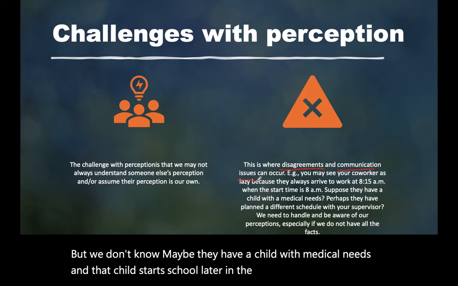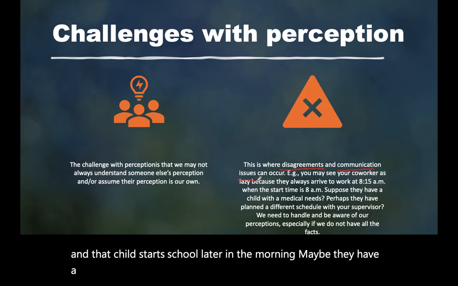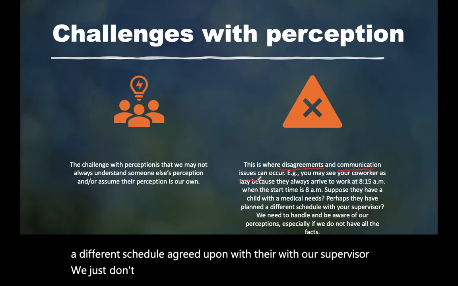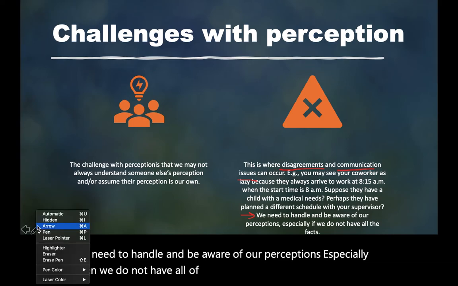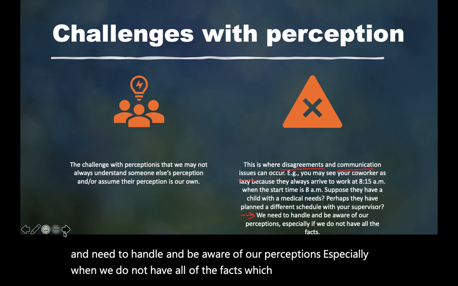Maybe they have a different schedule agreed upon with our supervisor. We just don't know. So we really need to pause our perceptions and need to handle and be aware of our perceptions, especially when we do not have all of the facts, which is most of the time.